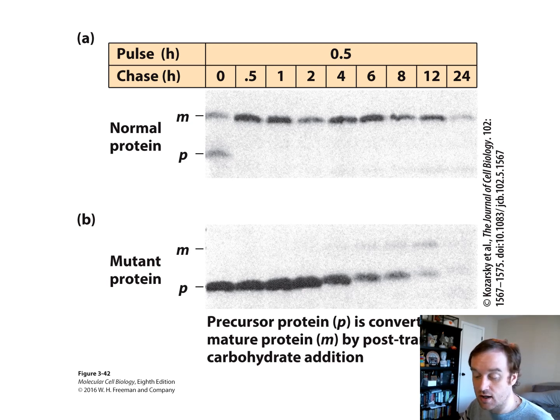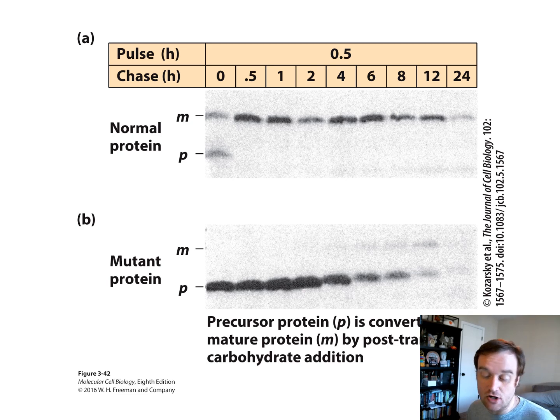And so the pulse phase of this is where we incubate cells with, in this case, 35S methionine, which is sulfur radiolabeled, and we incubate them for a half hour.